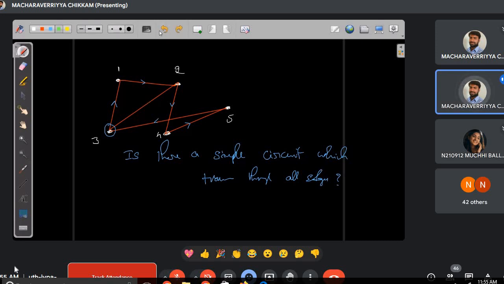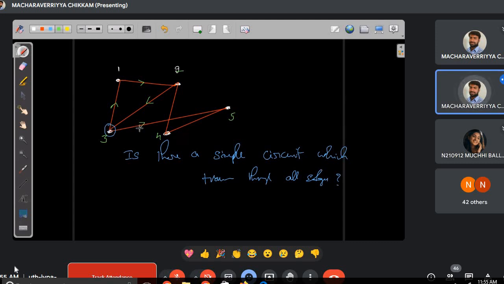All right, so let me do one thing. Let me start at some other point. This is 2, 3, 4, 5. Now let me start at 3. So now this is how I'll go: 3 to 1, and then 1 to 2, and then 2 to 3.